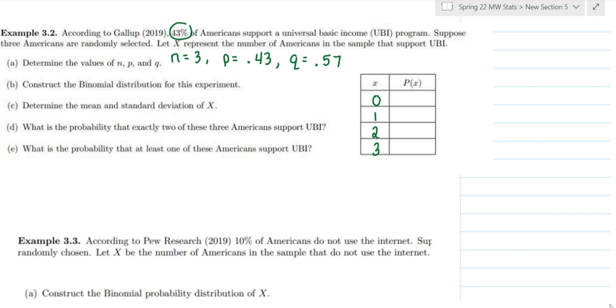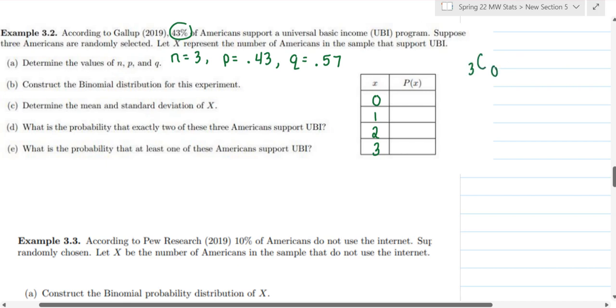Okay, so we'll do for 0, you have nC0, so we're using the formula here. So n is 3, C, 0. Okay, that's first. Then p to the x. Okay, so 0 in this case is our x, so 0.43 to the 0.